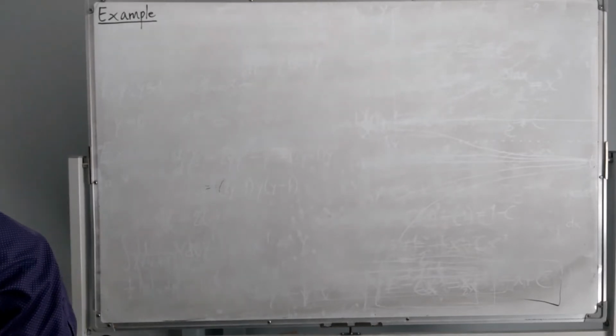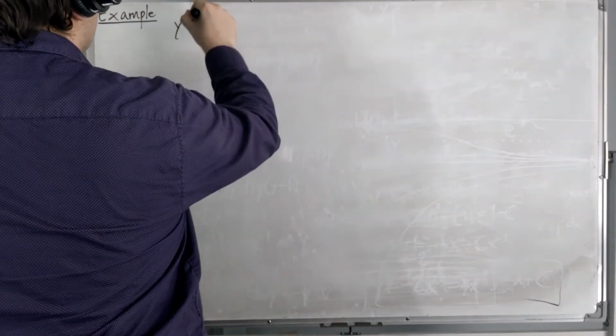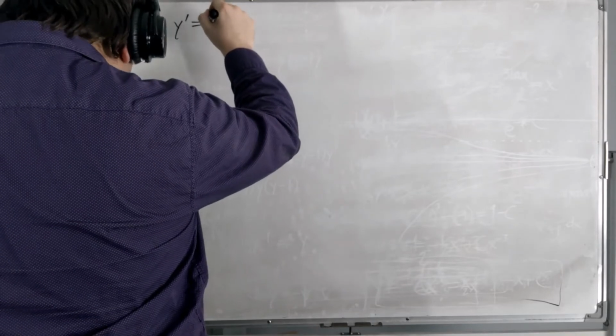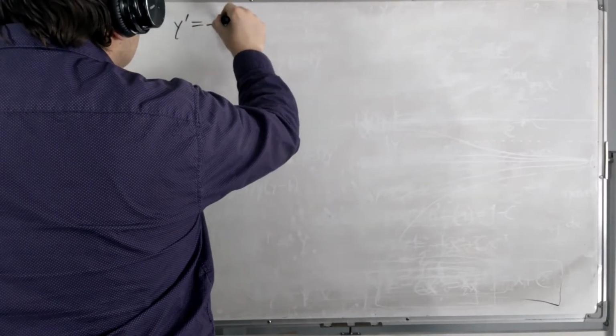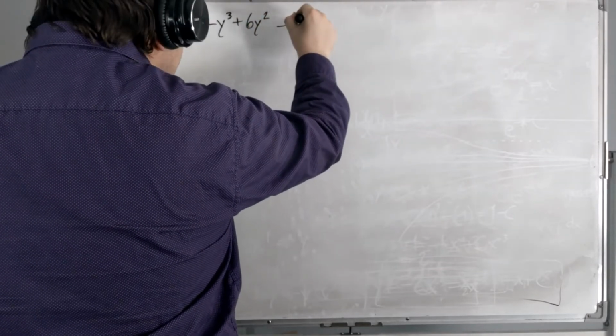So suppose that it satisfies an ODE that looks like y prime equals negative y cubed plus 6y squared minus 8y.